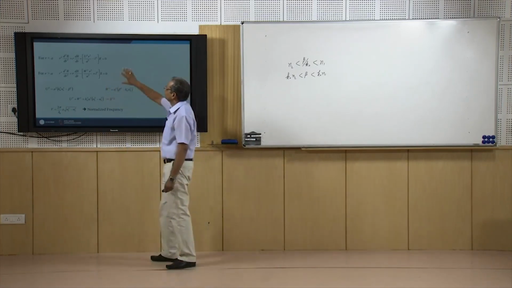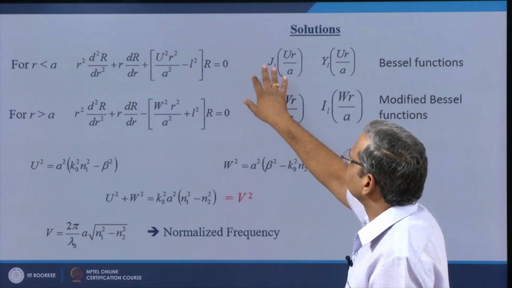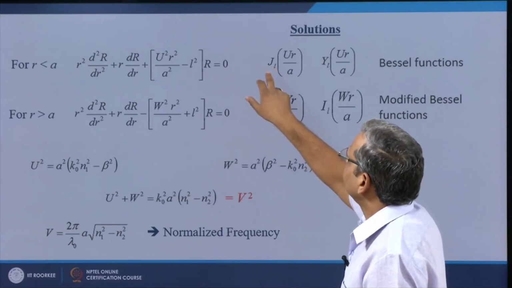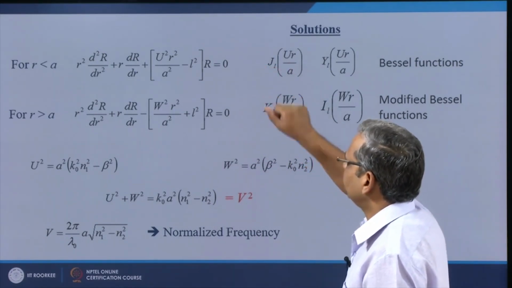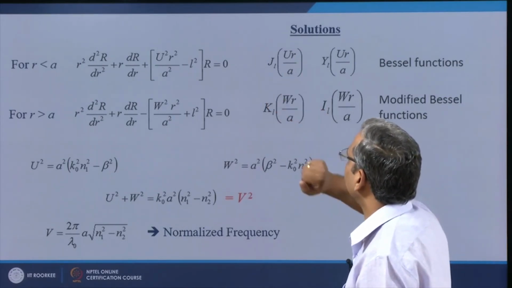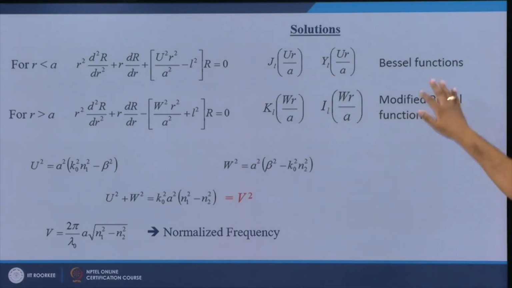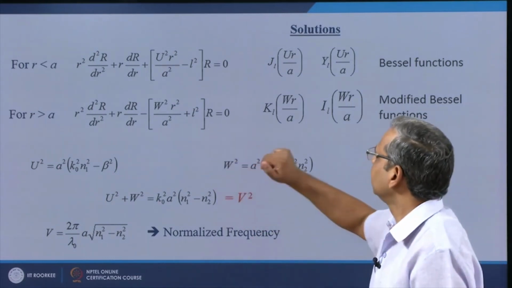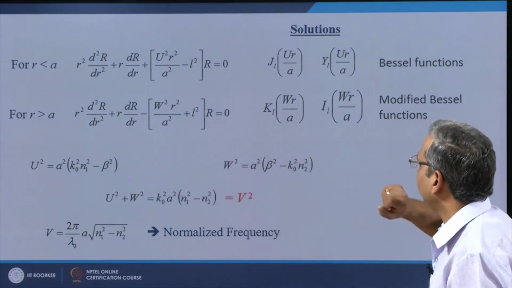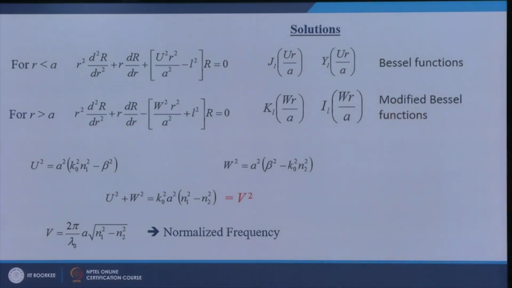Let us come back to the solutions of this. The solution of this equation is given in terms of J_L(uR/a) and Y_L(uR/a), which are Bessel functions. And of this equation, K_L(wR/a) and I_L(wR/a), which are modified Bessel functions.